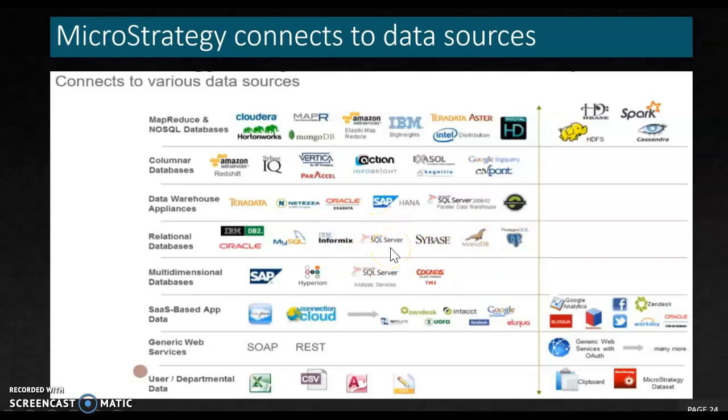Depending on your infrastructure or your client requirement, you can use any of these databases. There are also a lot of multi-dimensional databases you can use as your data source, like SAP, Hyperion, SQL Server Analysis Services, and Cognos.